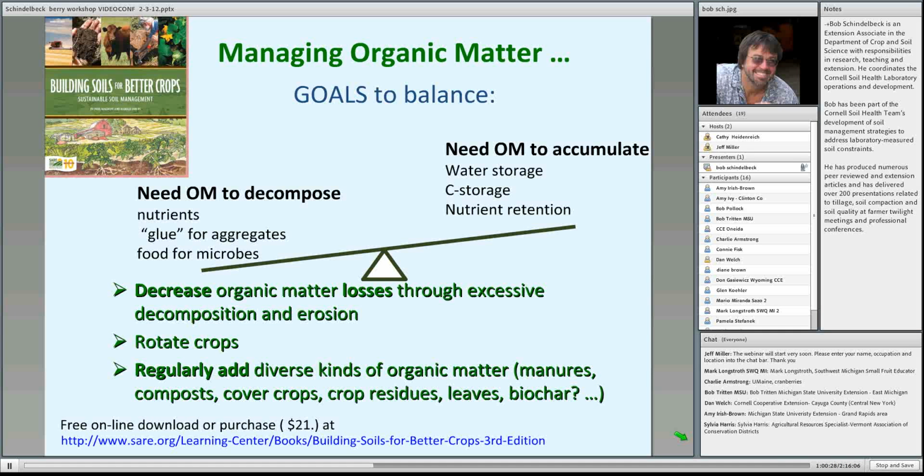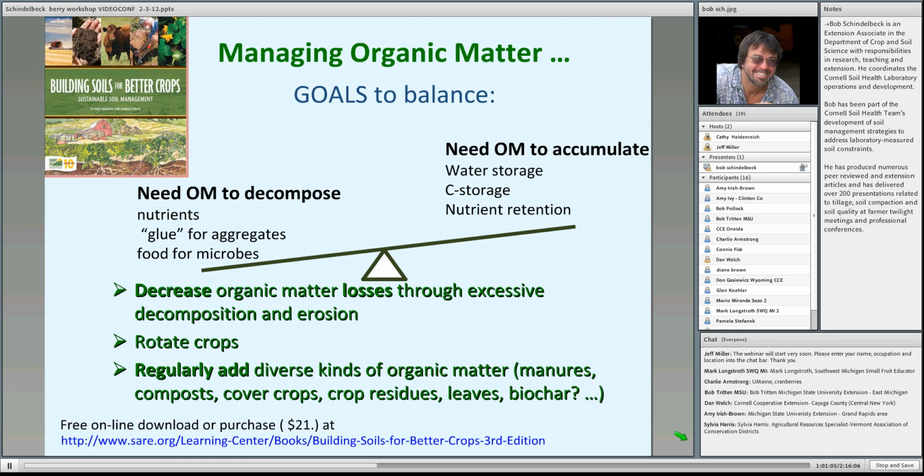So we need to kind of tip this scale the other way, so we're accumulating on a net basis, or I should say a gross basis, even though at times we need to decompose some of that organic matter. So again, we're going to have to feed the soil with different materials and regularly. And the more diverse organic matter we can add, the broader a base of organic activity we have in the field.